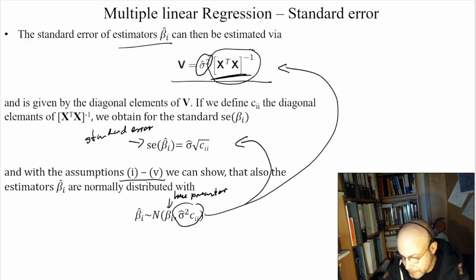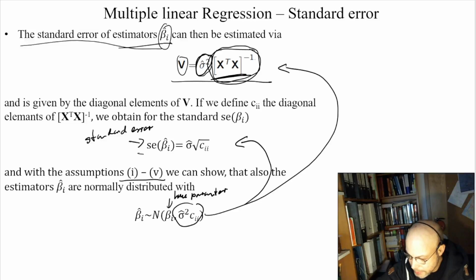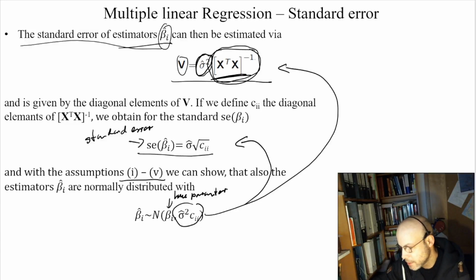The standard error of our estimated beta values depends on the matrix V, especially the diagonal elements of V. This is just the estimated variance times the matrix X transpose times X, inverted, and from this we get the standard error of our beta terms.